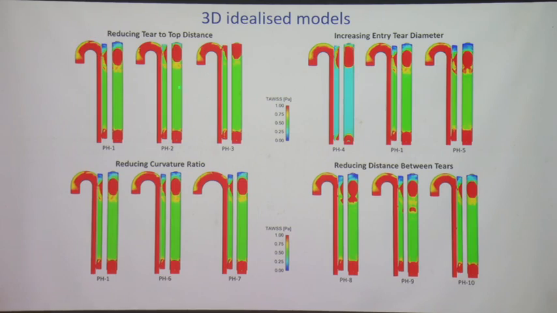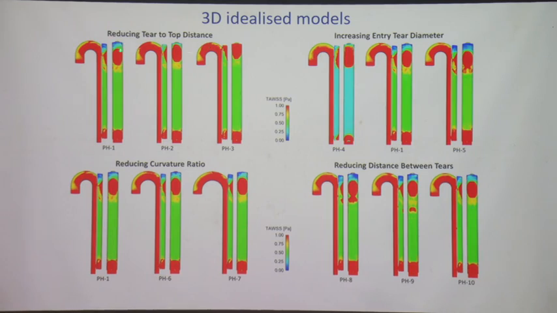And we want to see how this parameter affects the flow pattern. So we're looking at the shear stress distribution here, because shear stress has direct relevance to thrombus formation. We can see that as you reduce the distance between the tear and the top of the arch, this region of low shear stress reduces.